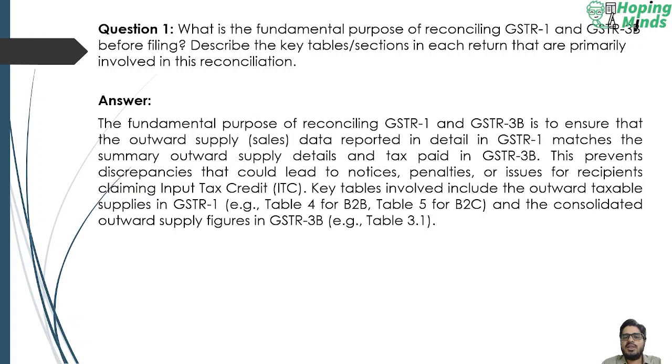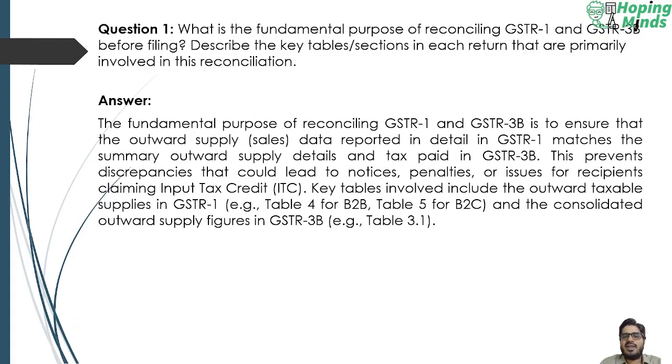So the various tables like B2B must be reconciled with GSTR 3B to ascertain that the turnover as declared in GSTR 1 matches with the GSTR 3B return. The turnover in the form of B2B supplies, that is business to business supplies made to registered persons, then B2C, that is supplies made to unregistered persons, and B2C large invoices where an interstate supply has been made and the value exceeds rupees 1 lakh.